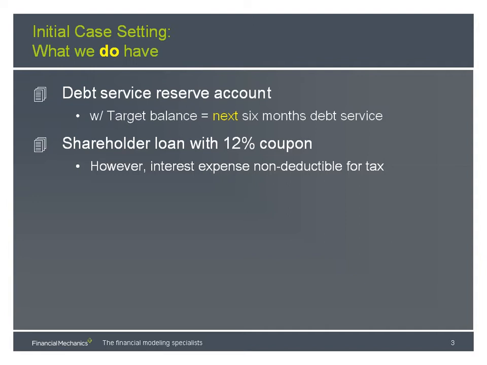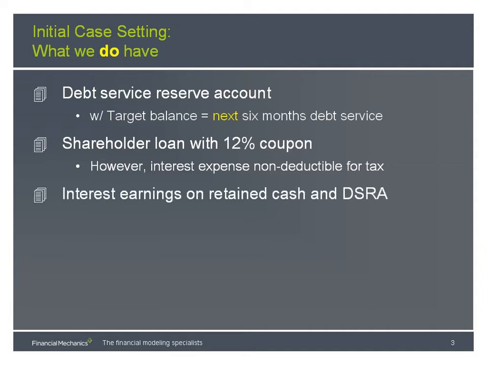And this is one of the causes of sculpting being circular, because tax is inevitably excluded before looking at CFADS, meaning that it's deducted from the cash flows as part of the numerator of the debt service cover ratio. We also do have interest earnings on both the retained cash balance and the DSRA.